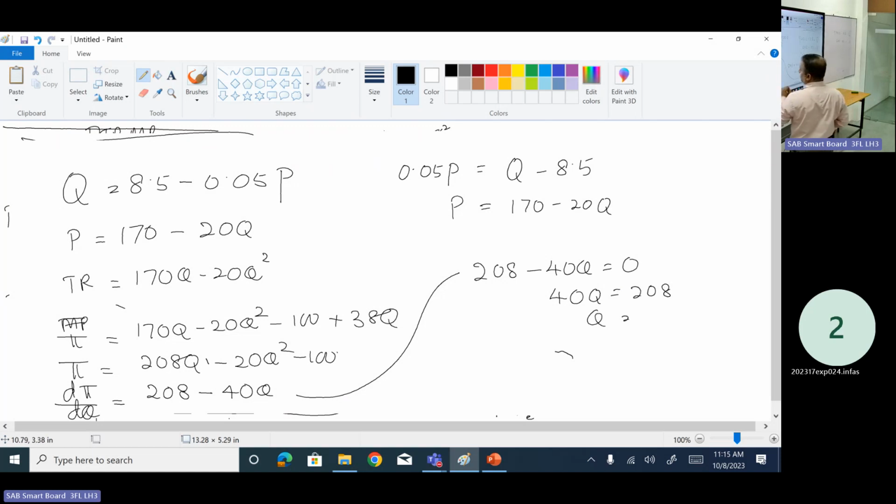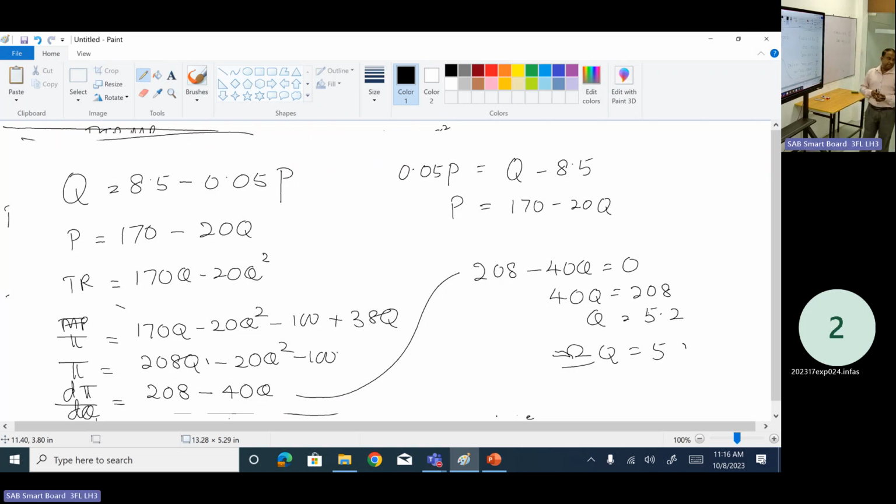How much do you get? 5.2, right? Approximately, you can take 5. The output level is 5, and that is the profit maximizing output level.